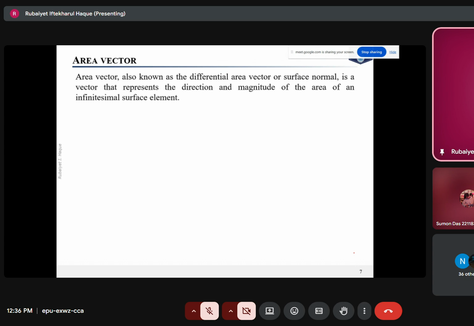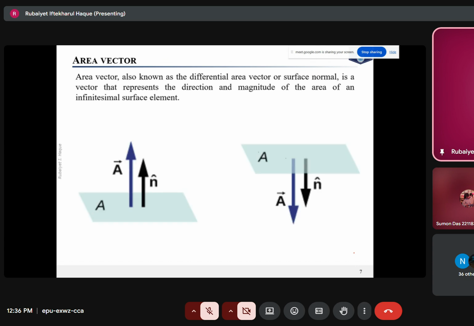Now you can ask the question, perpendicular, but which direction? Let's see an example. Let us consider a flat surface like a paper. If you take a paper, it has two surfaces, up and bottom. Say you place it horizontally, or think of the table you are currently sitting at. The table has two surfaces, up and bottom. The perpendicular can be in both the upward direction or the downward direction, it doesn't matter.